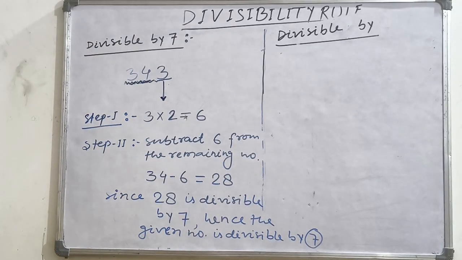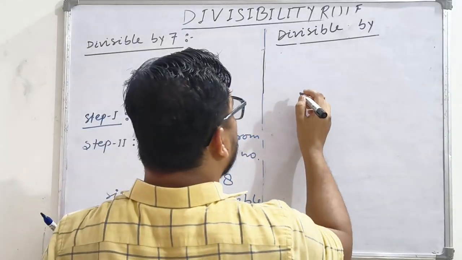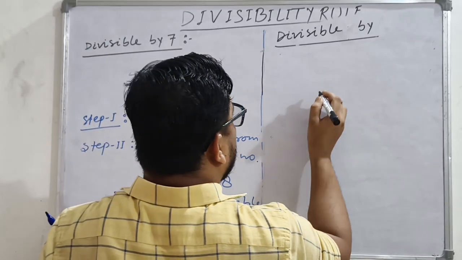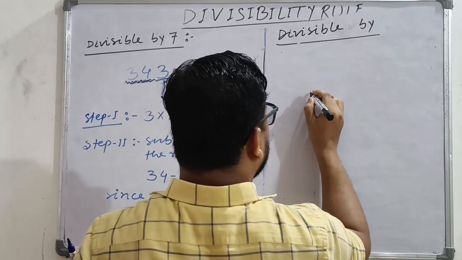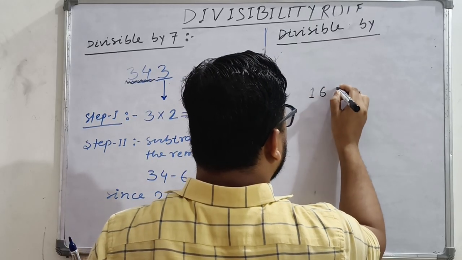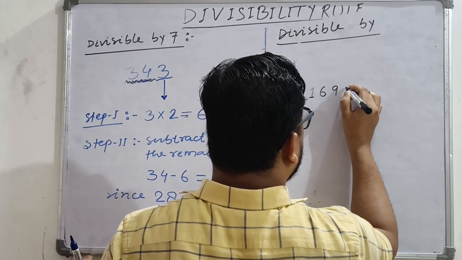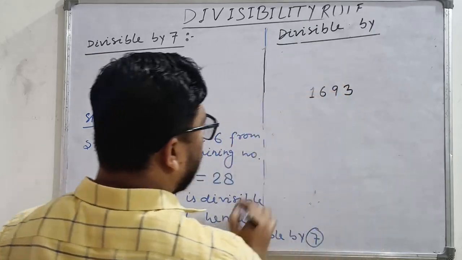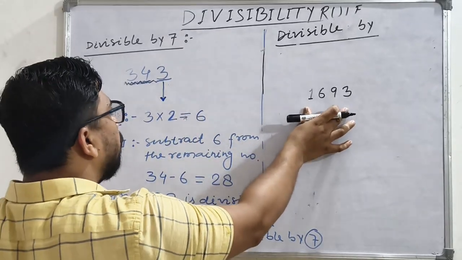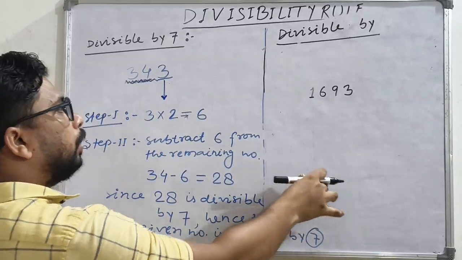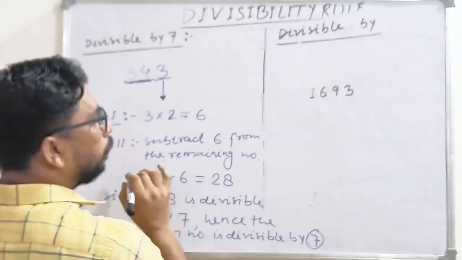Okay. Now, one more example. If I am giving you 1693, now we have to calculate whether this number will be divisible by 7 or not.